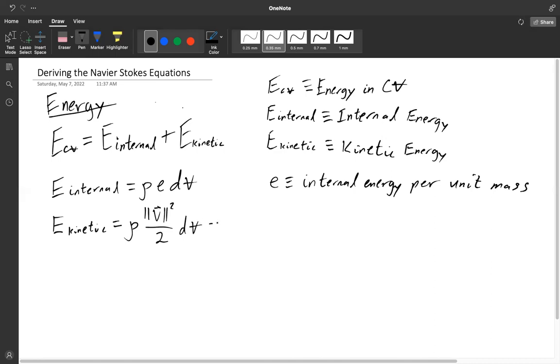And this will equal 1/2 rho times u squared plus v squared plus w squared dV.